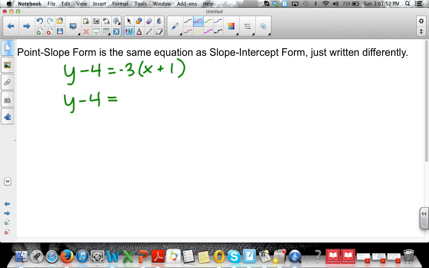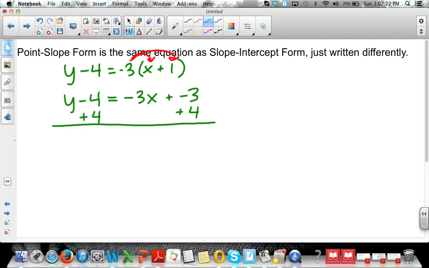So this negative 3 I'm going to distribute through. So I'll have negative 3 times x, and then plus a negative 3 times 1. Okay, and then I want y by itself because I'm trying to get to slope-intercept form. So the only thing that's wrong with the left-hand side here is that I have this minus 4. So to get rid of that, I will add 4 to both sides.